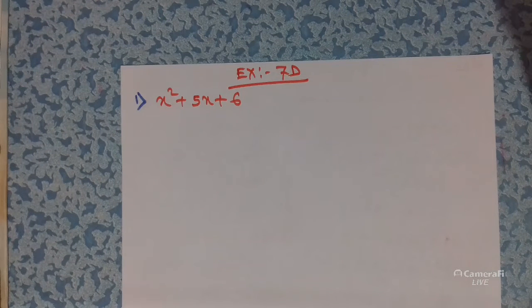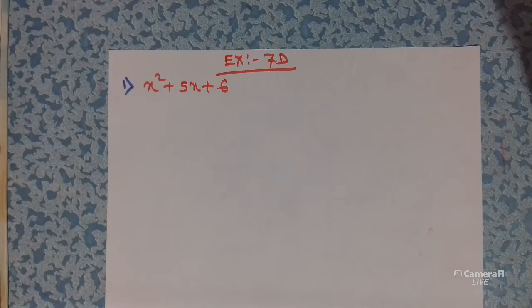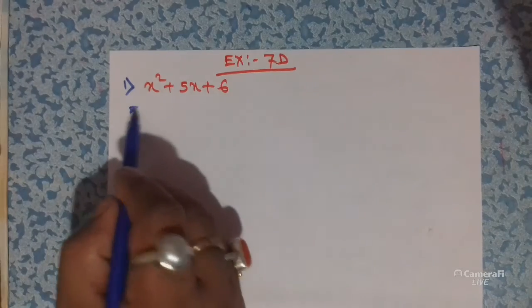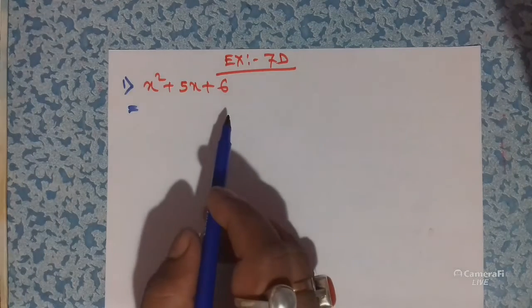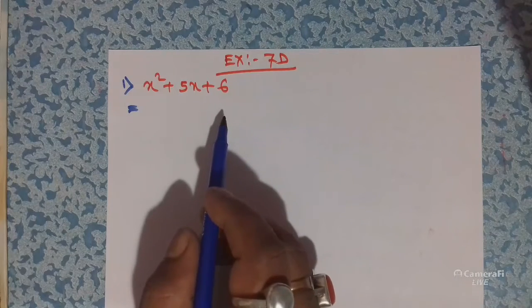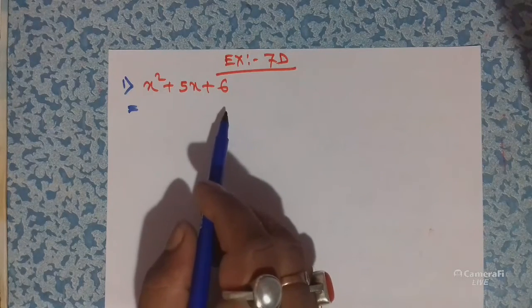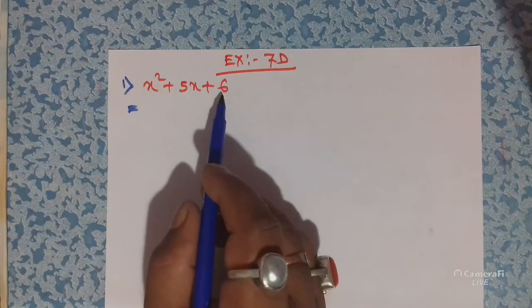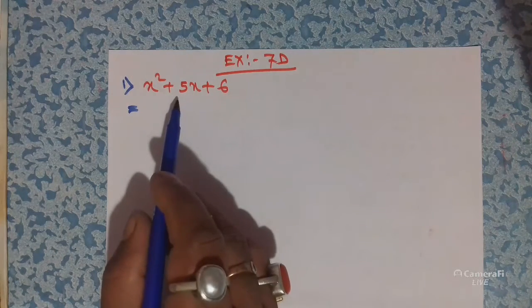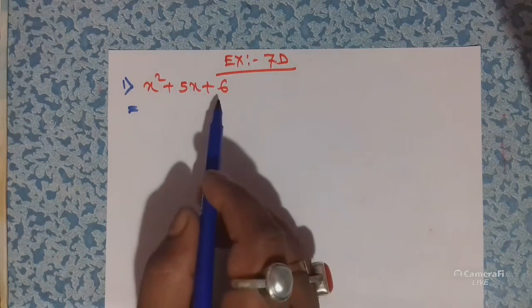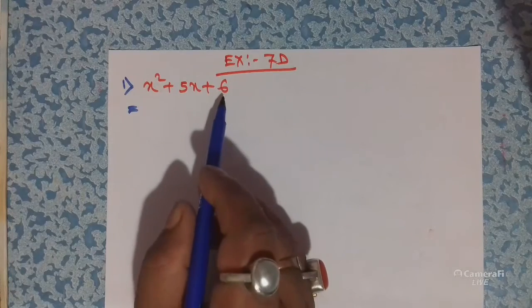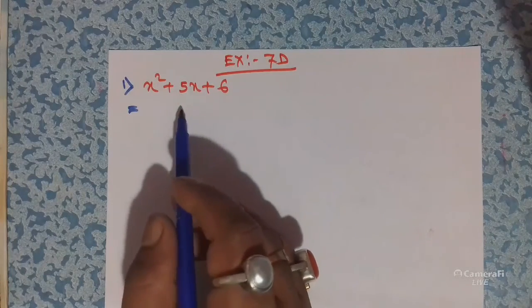To factorize it, we have to use the middle term factor method. So what is the middle term factor method? Students, always remember, you have to find two numbers whose product is 6 and sum is 5.